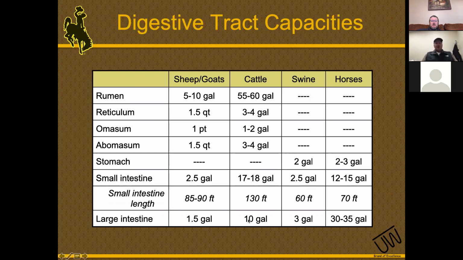In a cow, which is a really big animal, there's like 10 gallons of capacity. And in a horse, we're talking 30 to 35 gallons of capacity. So again, just because it's a hindgut fermenter and there's more utilization in the hindgut. So that's kind of my brief overview of digestion and the three different categories that we categorize them in.